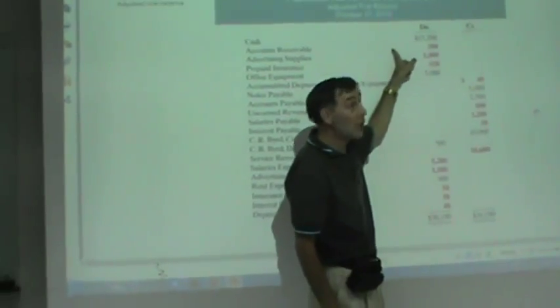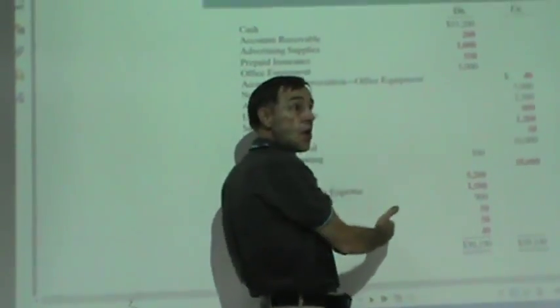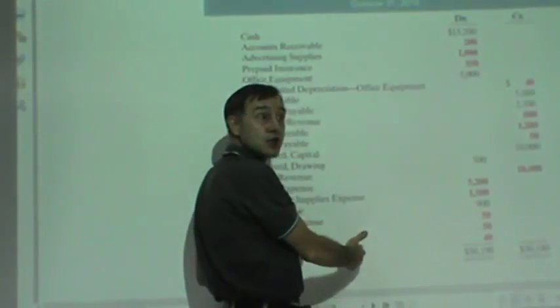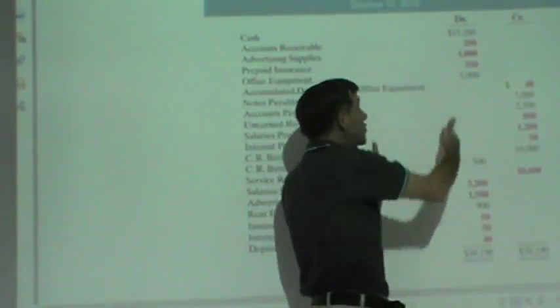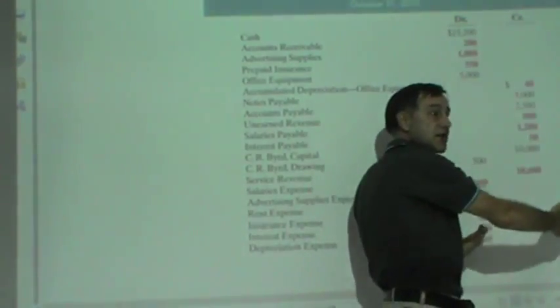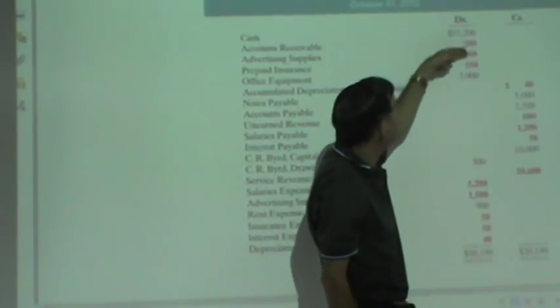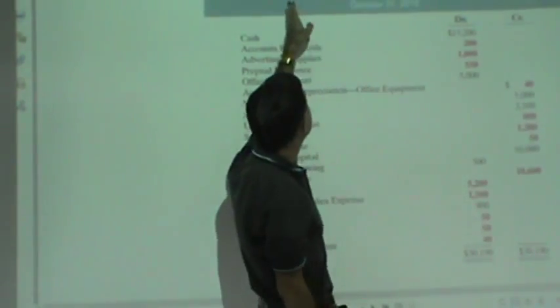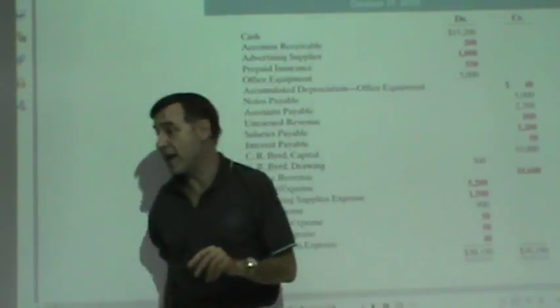So you have a number before, sometimes they make it in 3 columns. Before adjustment, which is called unadjusted. Then you have adjustments, and then you have adjusted. In this case, you got the numbers after the adjustments, and you just call it adjusted trial balance.